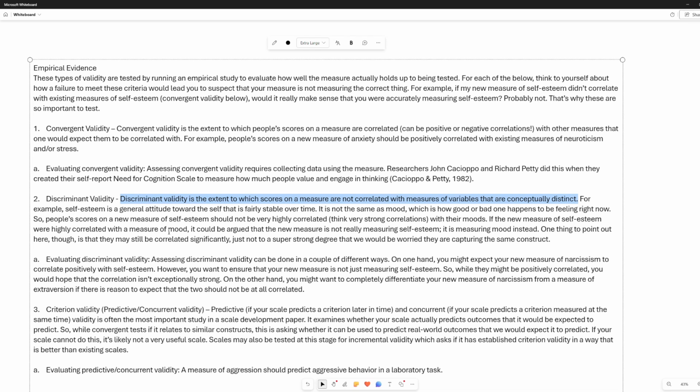Either no correlation or, in certain circumstances, let's say that I do have a new measure of self-esteem and I want to test its ability to discriminate my self-esteem measure from a measure of narcissism. Because if you didn't already know this, self-esteem and narcissism are two distinct constructs.